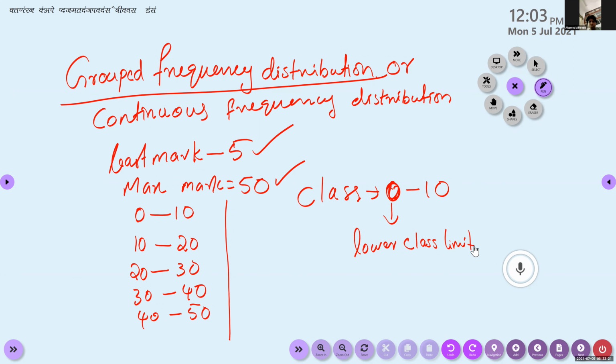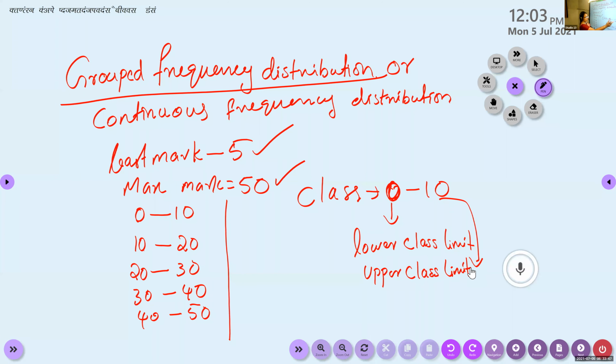This class has two limits: one is 0, the other one is 10. 0 is known as the lower class limit, and 10 is known as the upper class limit.